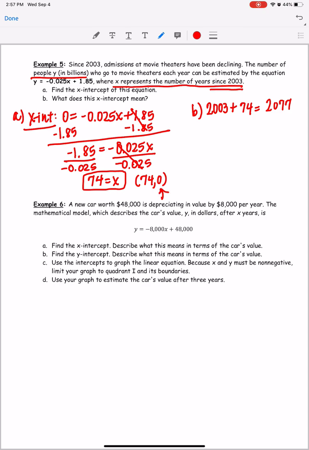What does this 0 here mean? 0 is the number of people. Number of people what? That go to movie theaters. So in 2077, that 0 means no one will go to movie theaters anymore.